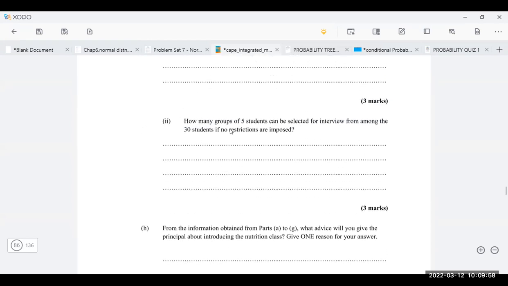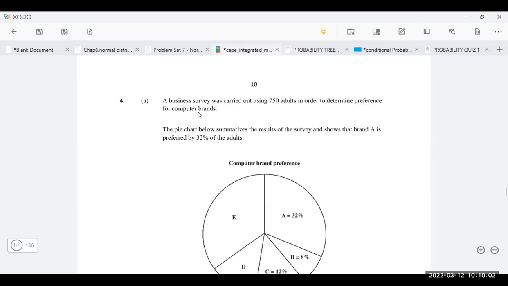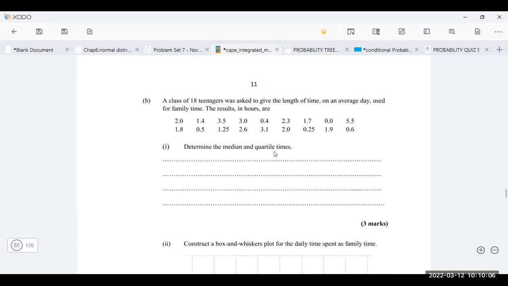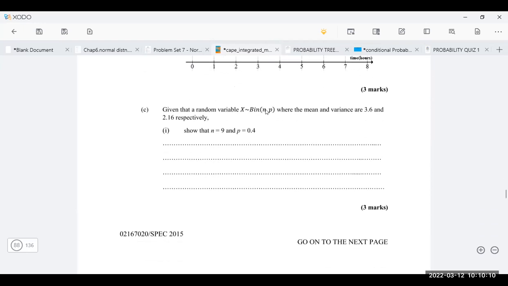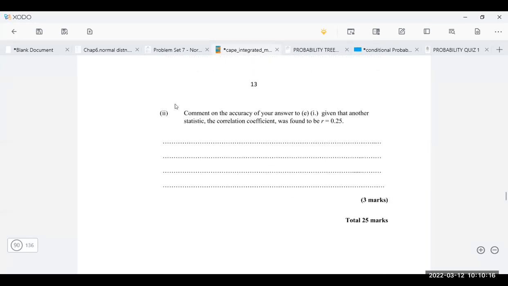We're going to finish combinations on Thursday. All right, bar chart, pie chart, box plot, binomial, you did that, and normal, linear regression, normal distribution. All right, they didn't ask any more conditional probability. Only 2 conditional came on the multiple choice.